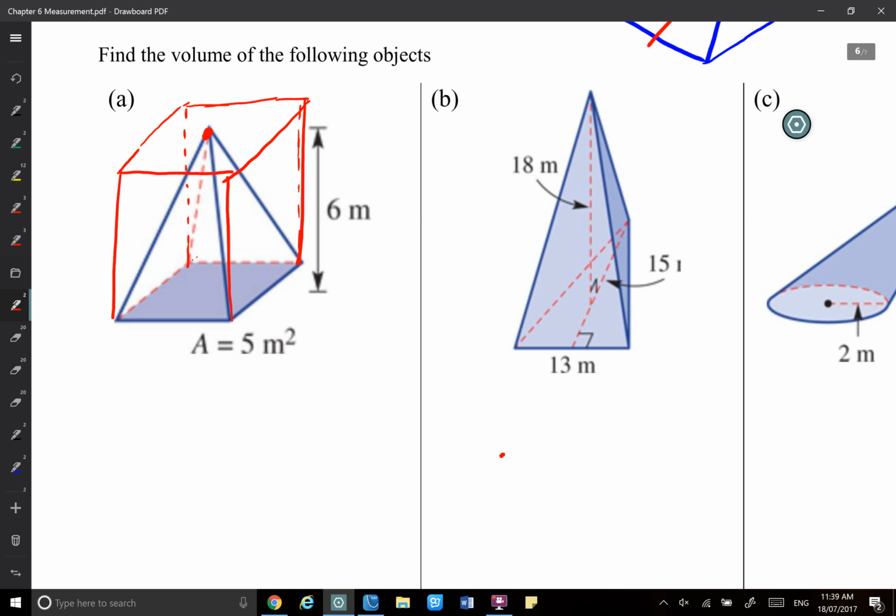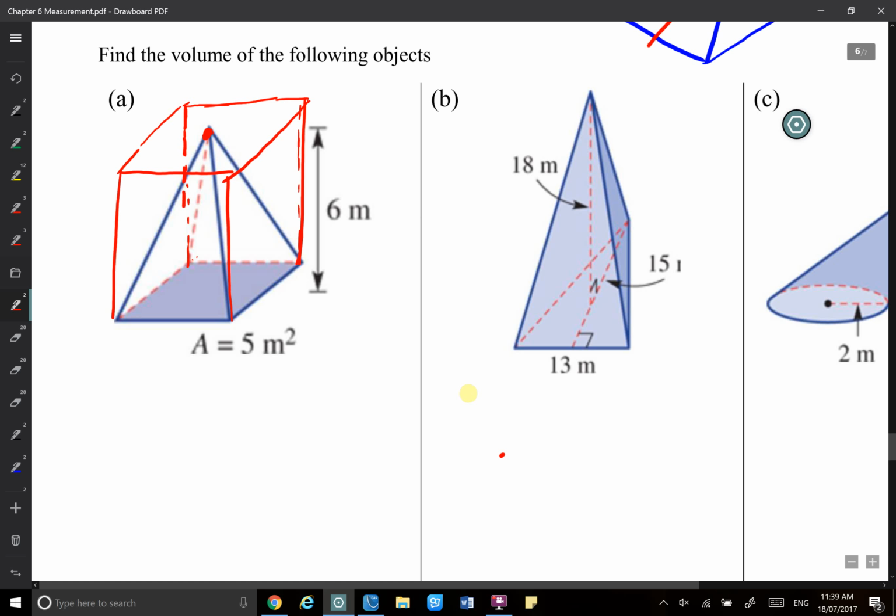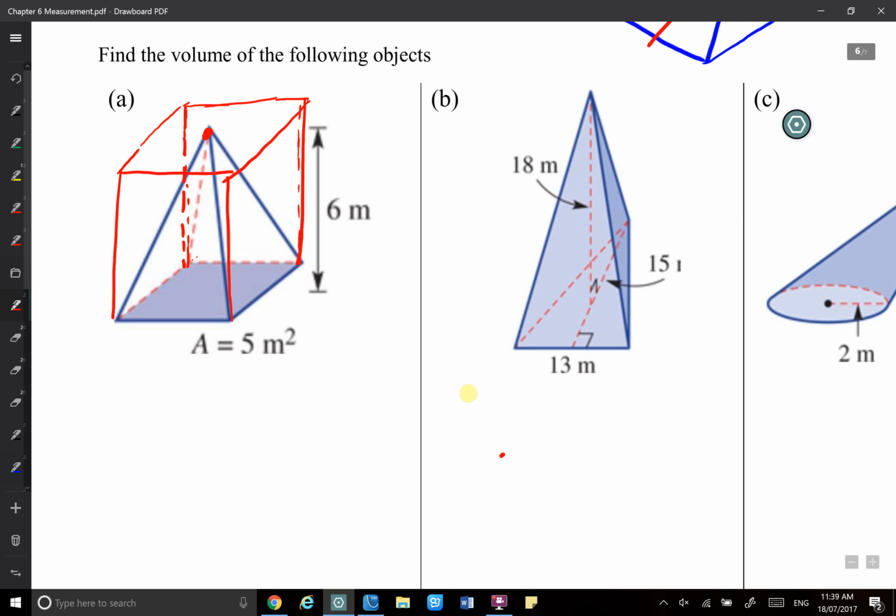So the uniform cross-section shape of this will be a rectangular prism. The way I will calculate the volume of this pyramid is, I will calculate the volume of the square rectangular prism first and then times by a third.